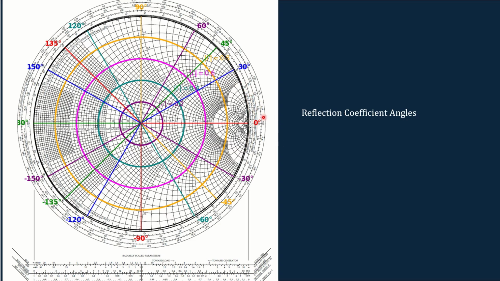Along this circle, you can see the angle ranging from 0, 20, 40, 60, 70, up to 180 and then minus 170, minus 160 and so on. So this is the axis corresponding to the angle of reflection coefficient. If you extend lines to that circle, you will get the reflection angles.